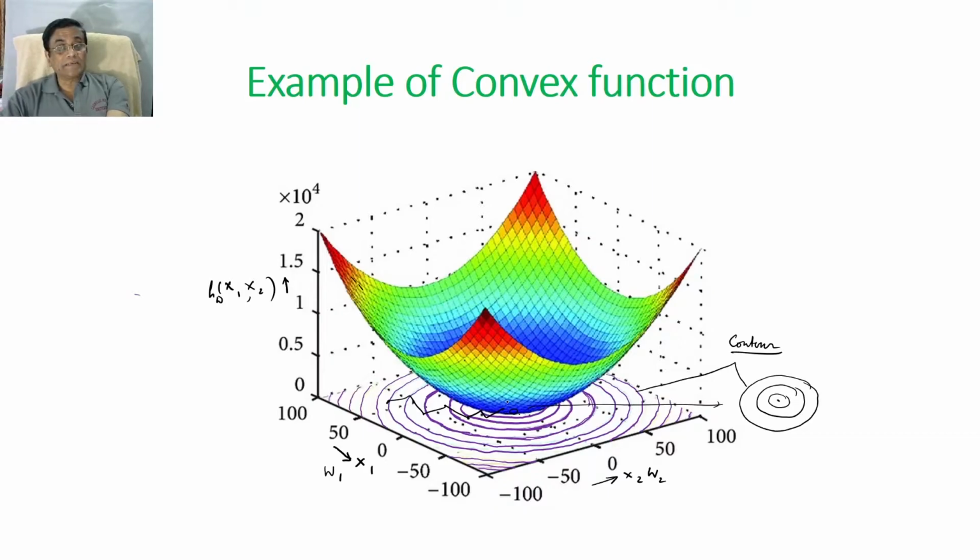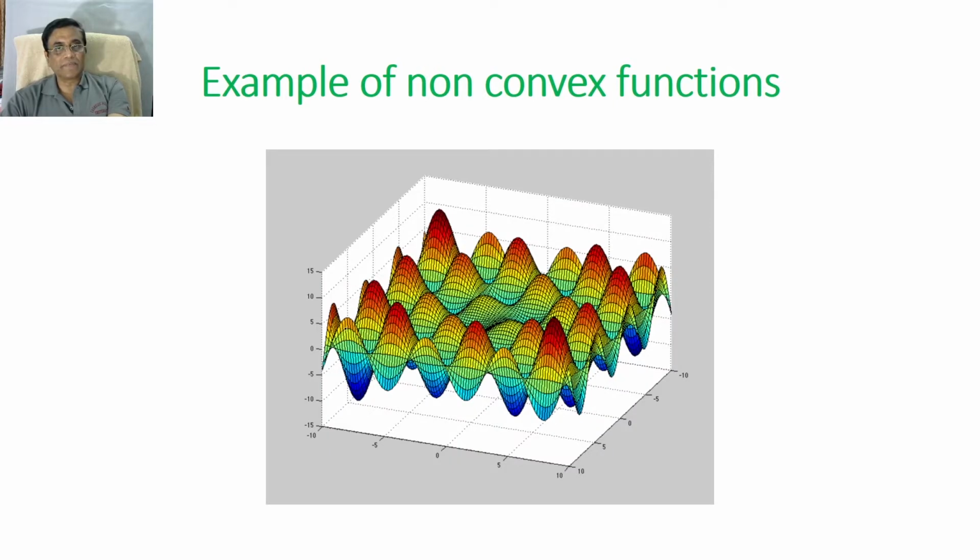There are, of course, other types of functions which are not so good, meaning non-convex functions, which we will not encounter in a linear regression model, but somewhere in machine learning you will come across them, and we will discuss them. One bad thing about such a function is that it has crests and valleys. Wherever you start, it can settle here, here, here, and this is called a local optimum. It is a minimum in this region, but I cannot claim this is a global optimum.